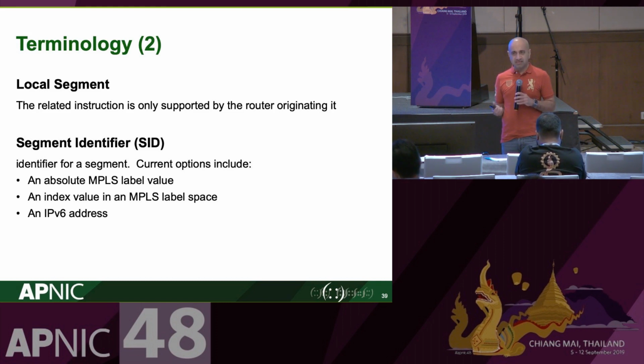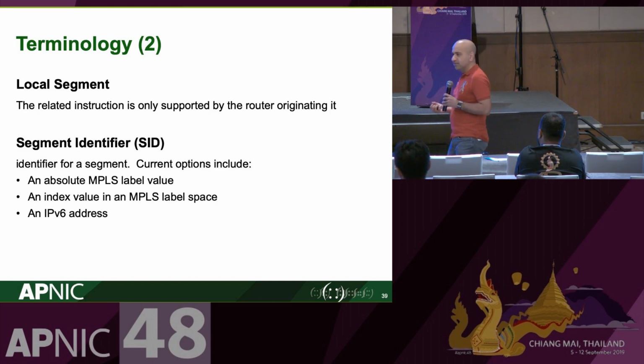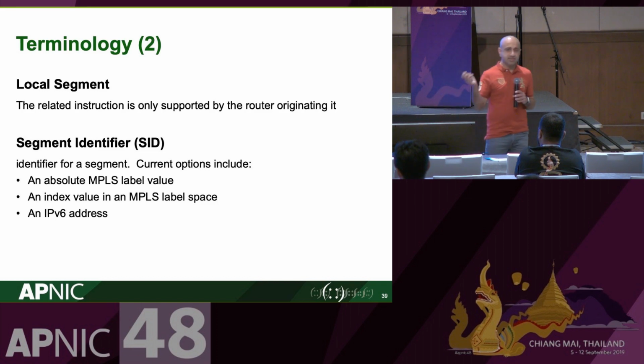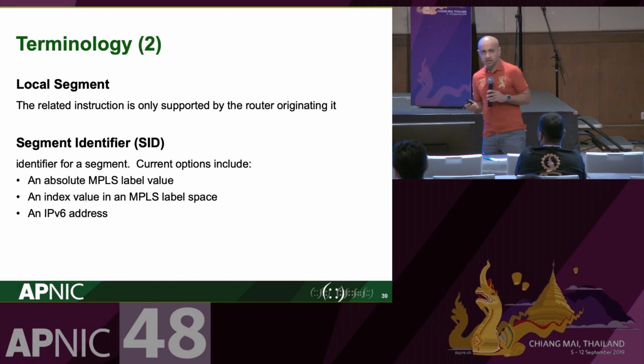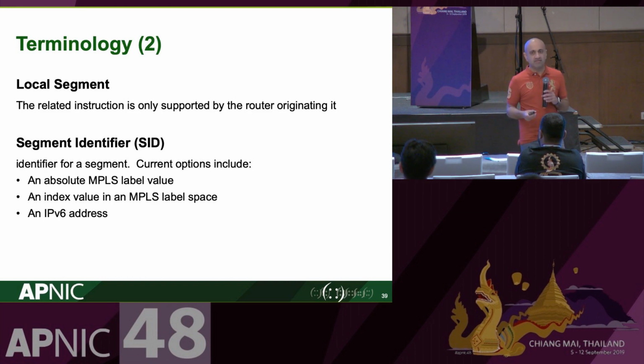You can use different segment routing global blocks, and instead of using an absolute MPLS label value for a segment identifier, use an index into the global block. So then the requirement becomes that the index has to be globally significant as opposed to the label value, because you have different SRGBs.